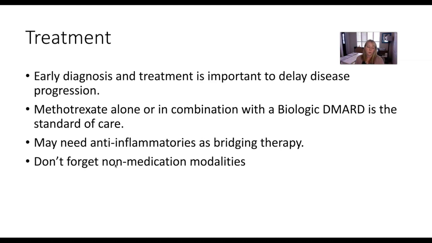They also, you see many of them on anti-inflammatories. Again, watch for stomach ulcers with that, but many of them are on them in between. So whether they're on even prednisone or in between. You have some patients that are on chronic prednisone treatment. You know, we don't like to do that, but sometimes they are.